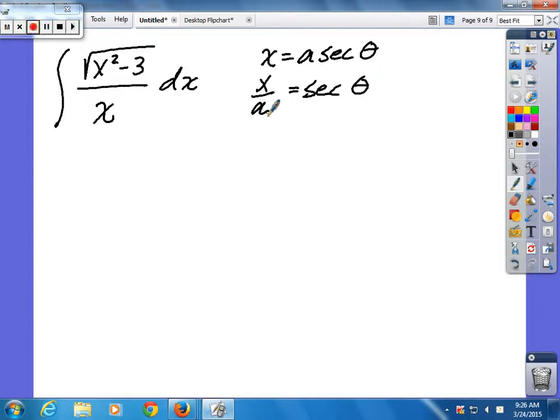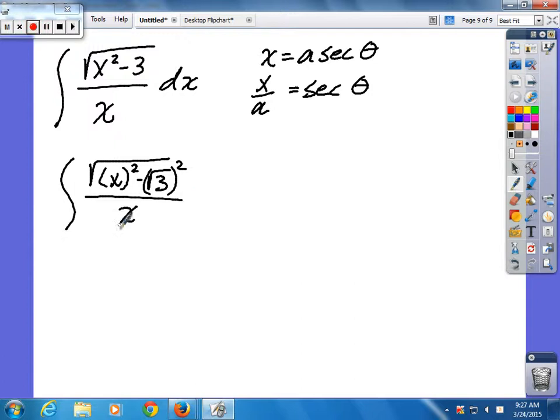So there's x. Let's rewrite this as the square root of x squared minus the square root of 3 squared over x. So x is equal to x and a is equal to what? Square root of 3. So x over the square root of 3 is equal to the secant of theta.